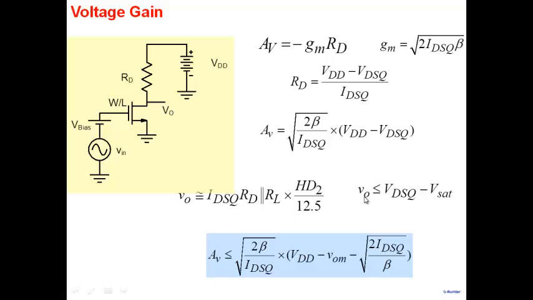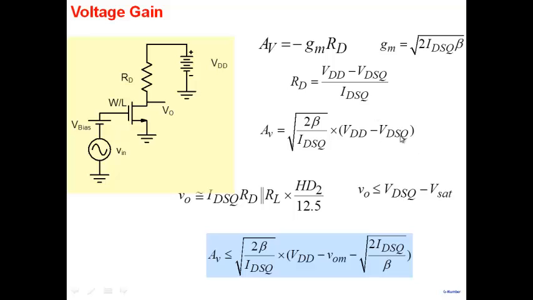You have to ensure that this particular condition is satisfied, which means that VDSQ has to be larger than V0 minus Vsat. If you have a certain voltage swing which is fixed, because the application demands it, this expression tells you VDSQ must be greater than V0 minus Vsat.